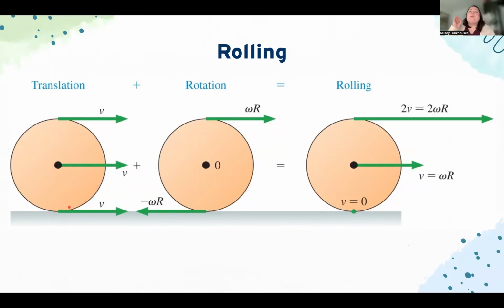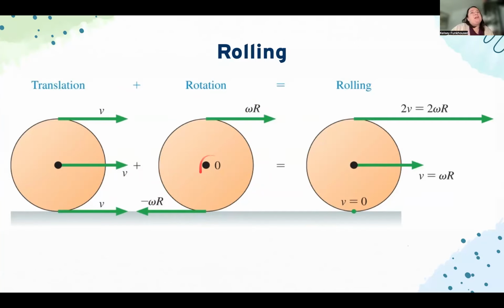So in translational motion, we ignore that there's rotation and every part of it is just moving with the same linear velocity. In rotation, we ignore the translational motion and we just have the same angular velocity throughout. If we're looking just at the edge or the rim, it's omega r, with r being the radius, because that is also equal to the velocity of the edge.